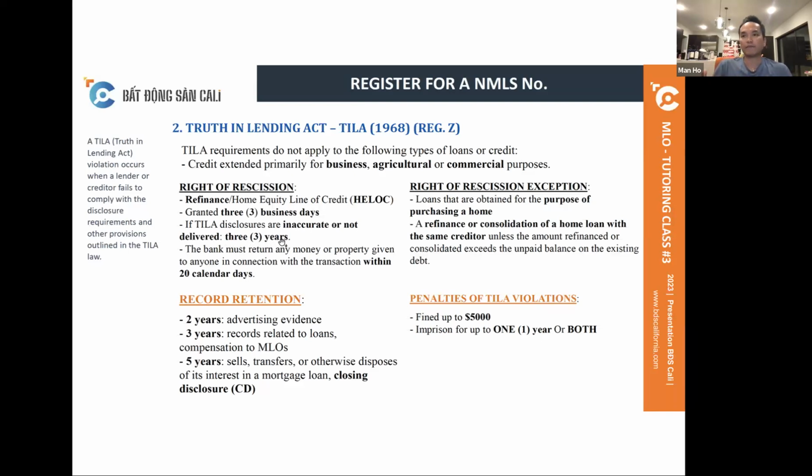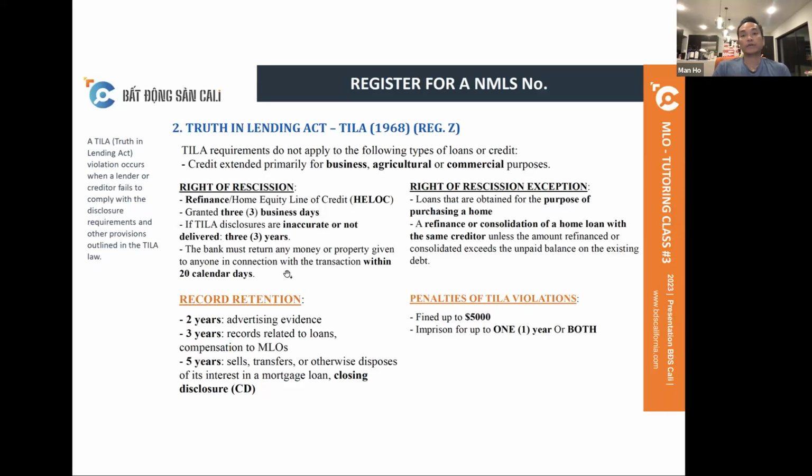Okay, within that time frame, right? If you find out that something is not correct, because it's within the 3 years, you have to send a disclosure and correct any billing errors. Okay, we talked about that earlier. The bank must return any money or property given to anyone in connection with the transaction within 20 calendar days.